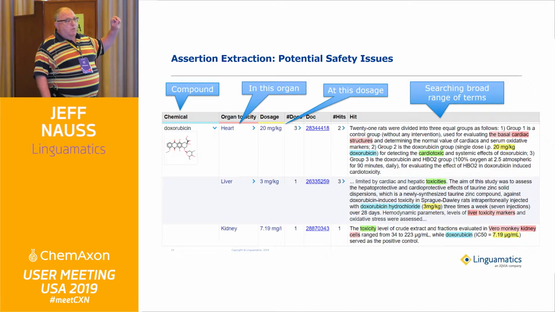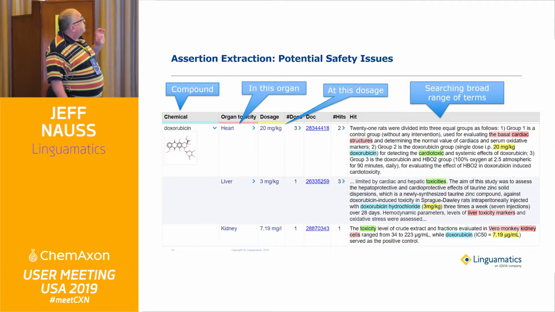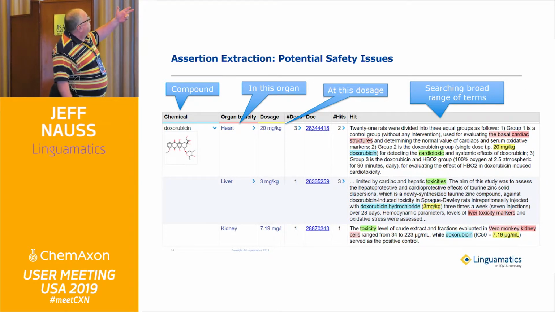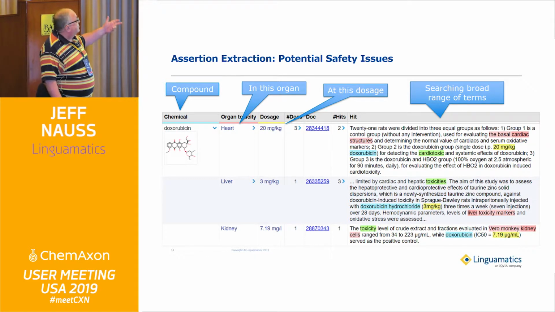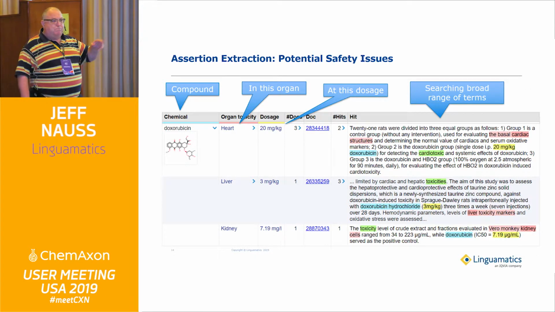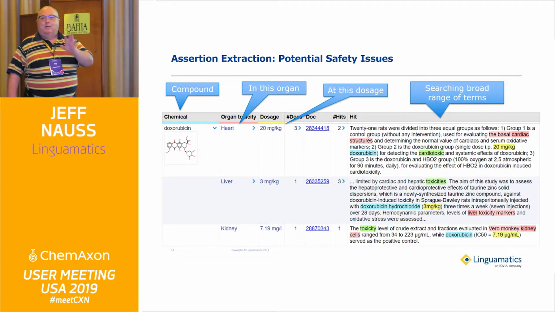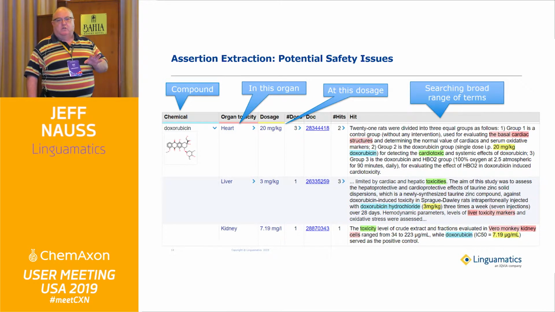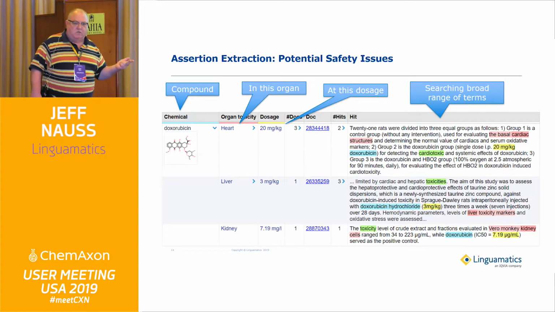I want to point you also to the hit column. Notice what's in the second column, kind of a teal, bluish color. Anyway, look at the different versions of toxicity. Cardiotoxicity, toxicities, toxicity itself.